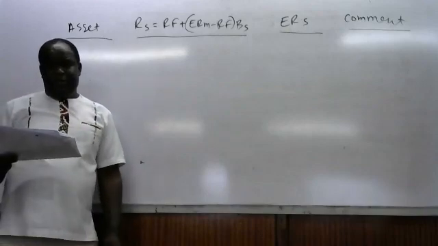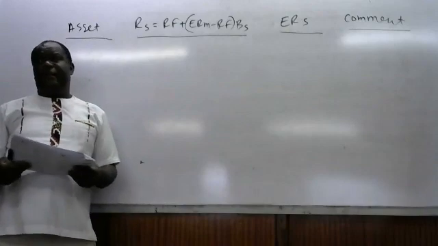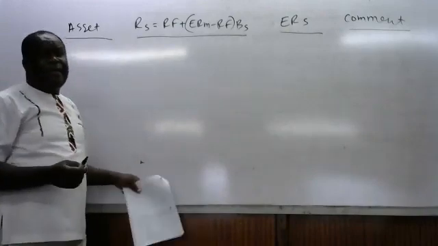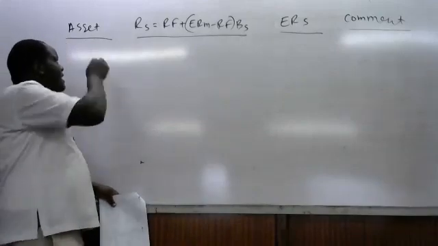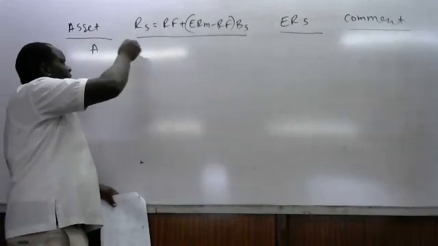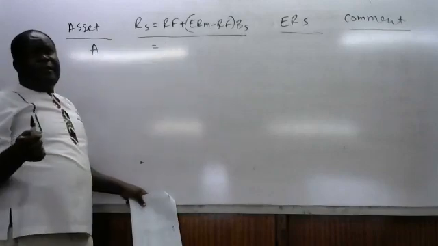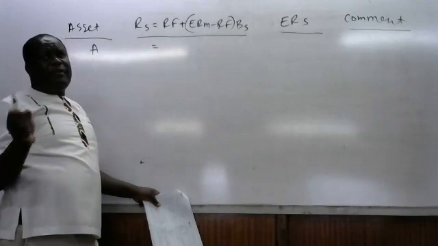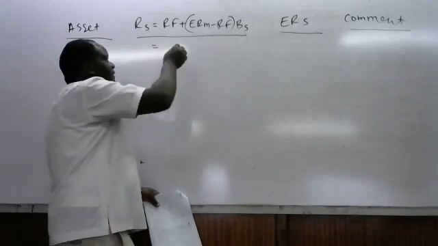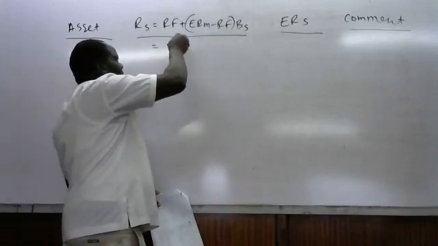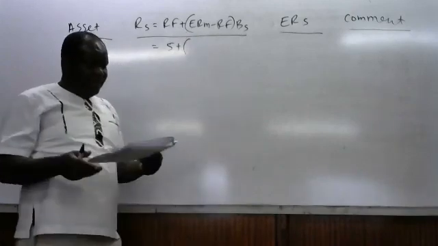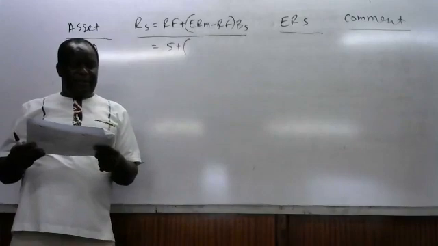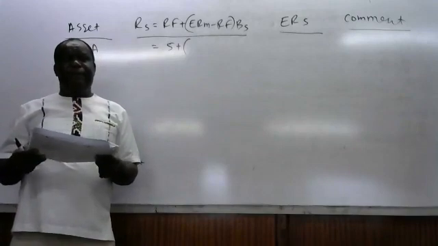So we start off with asset A. Under asset A, we have said that the risk-free rate is the same as the current return of the risk-free asset. You can see the current return of the risk-free asset is given as 5%.